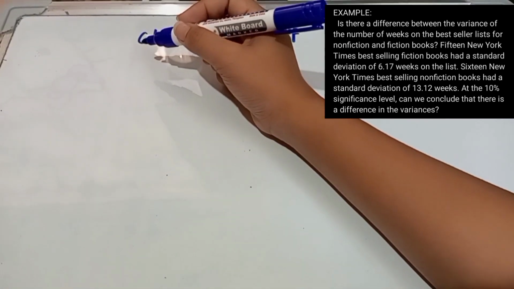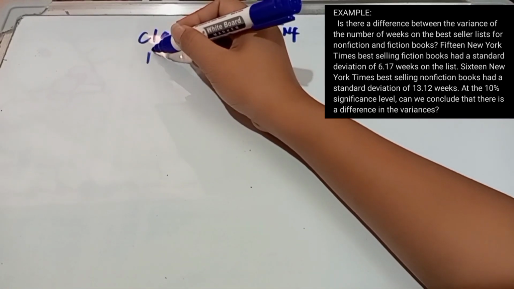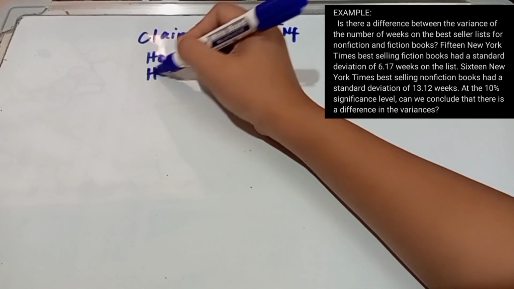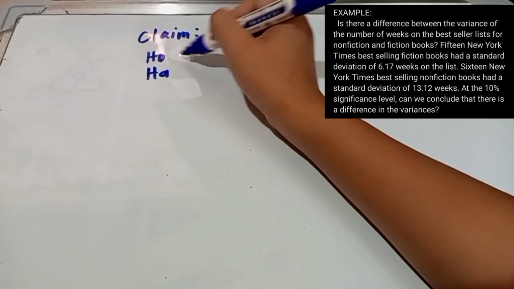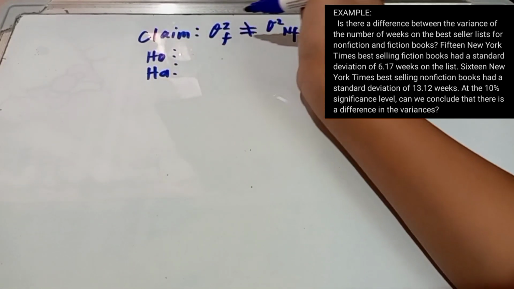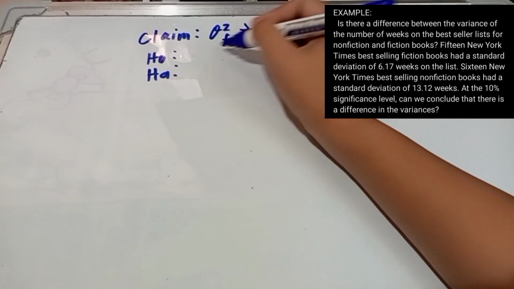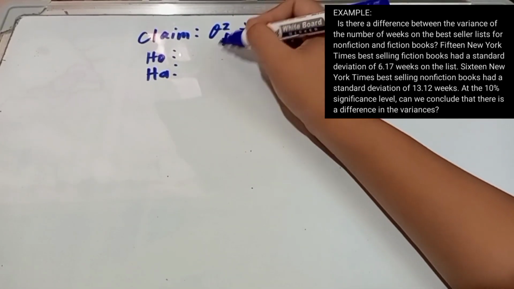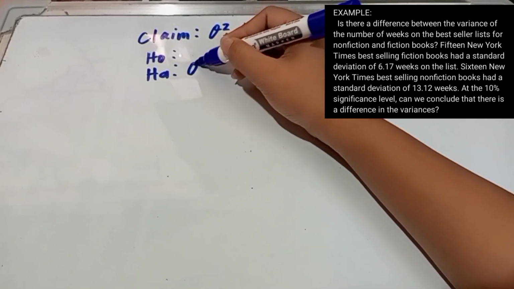Next, we need to write the null hypothesis and the alternative hypothesis. Our alternative hypothesis is the same as our claim, so we only have to copy this.